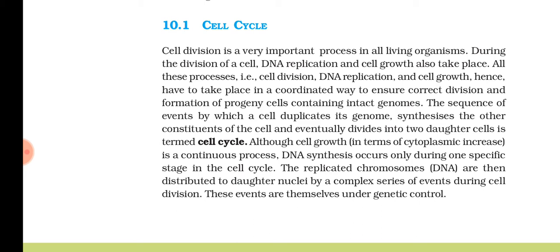Okay, so we are going to study in detail the complex series of events that takes place during cell division, like how the genetic material gets distributed equally, not in a single step. In different steps these processes take place, and we are going to study them in detail.